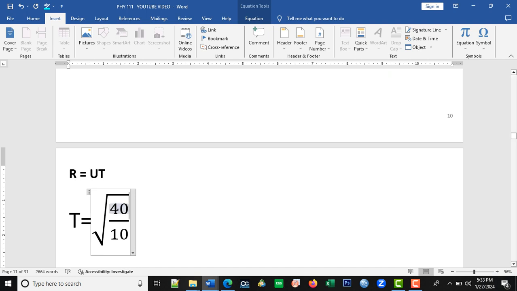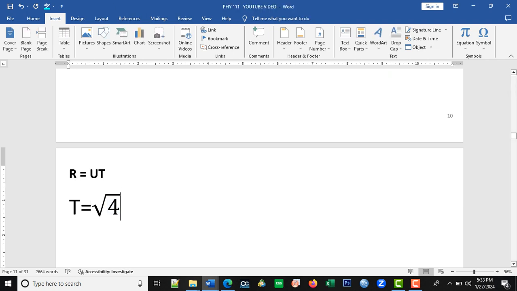So we have 40 divided by 10, which would give us 4. So we will now have the square root of 4. What's the square root of 4? Definitely that will give us 2. So 2 seconds for the time.